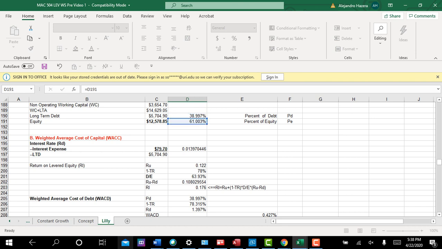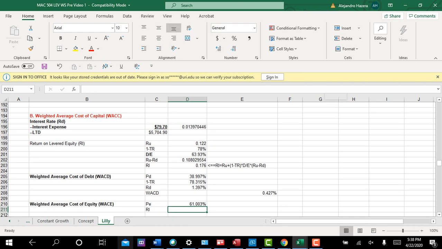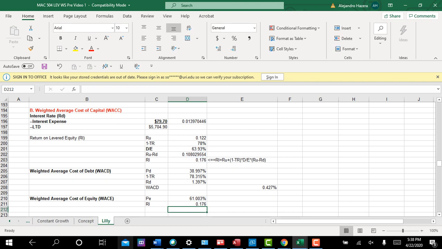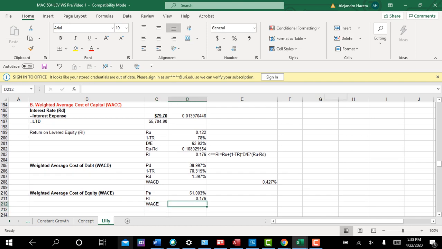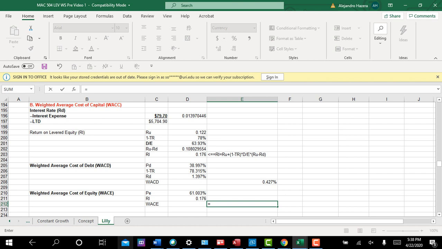is 61% more or less. My return on levered equity, RL, is 17%. That makes sense right there. And so my weighted average cost of equity is just the product of these two.